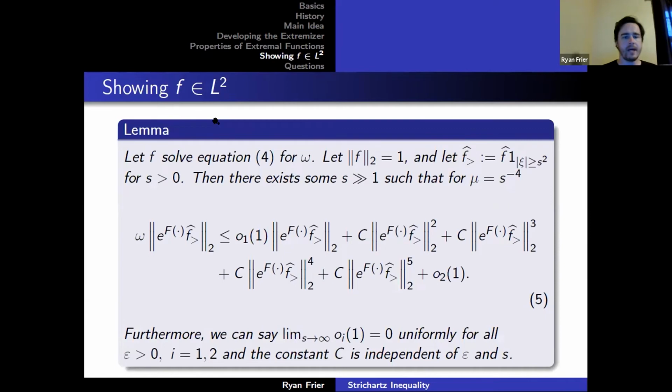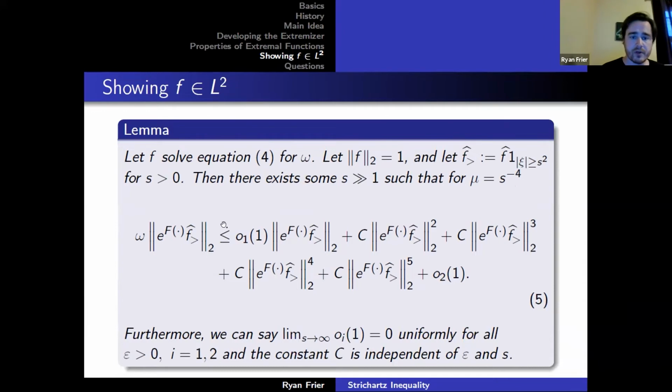If I have f that solves the generalized Euler-Lagrange equation for that omega, and I normalize the L2 norm of my f, I'm going to define f hat to be restricted to being greater than s squared for some large s. Then for mu equal to s to the minus 4, I have this polynomial bound above this term here.